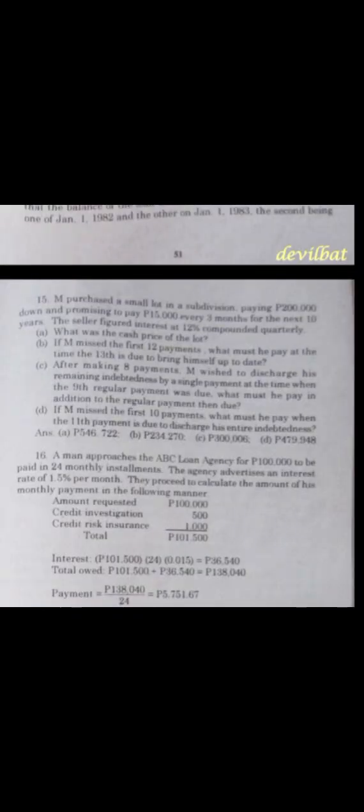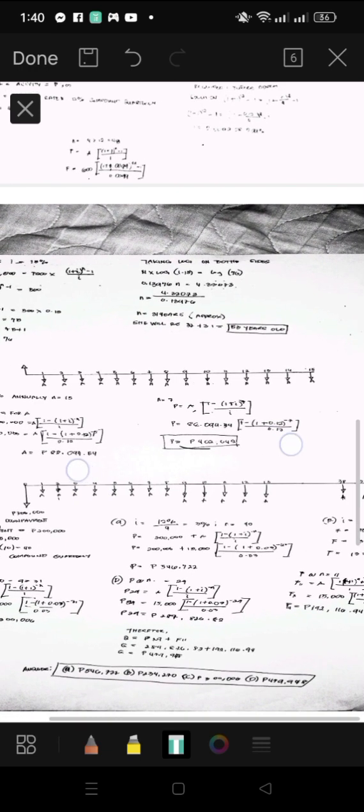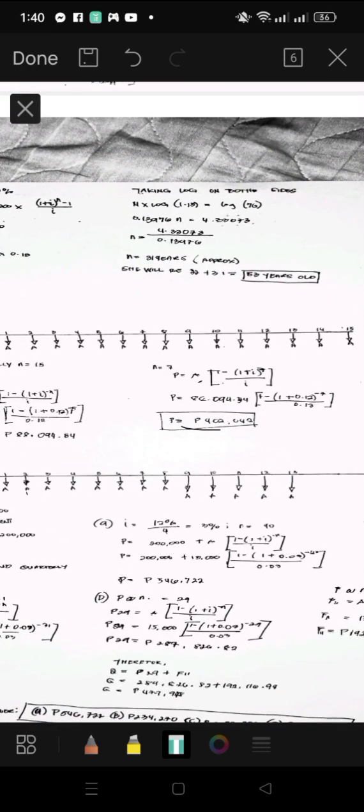A is the cash price of the lot. So i is equal to 12% over 4, which is 3%, and n is equal to 40.